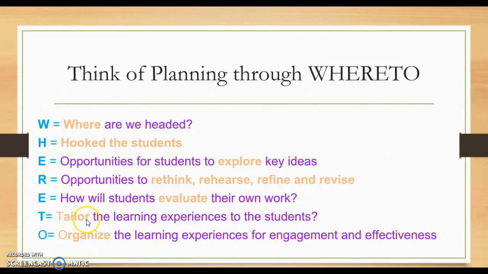And then when you move down to tailor the learning experiences for the students, that's where the heart of everything really comes in: what are those specific learning experiences that you're going to have for the students that's going to help them achieve the goals for that lesson. And then lastly, with the O, organized learning experiences for engagement and effectiveness.